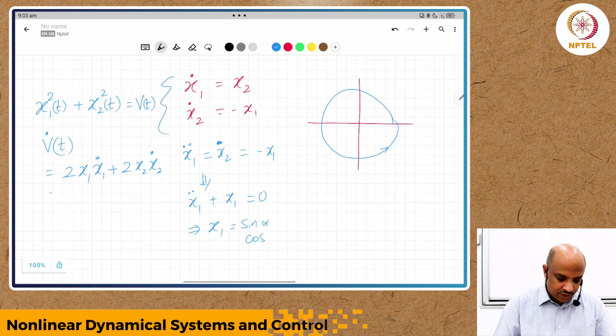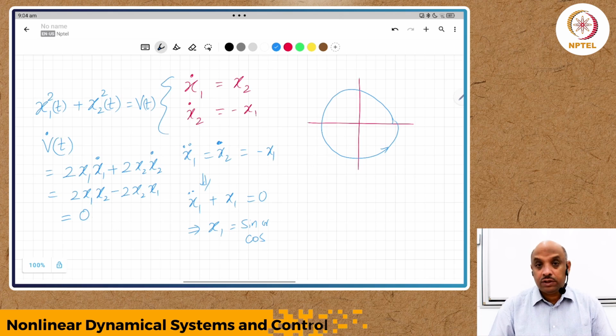By substituting x1 dot is x2 and x2 dot is minus x1, we will end up with 0. So again we have this nice interesting condition that v of t is equal to a constant, and that constant is going to come from v of 0 because we know the initial condition.